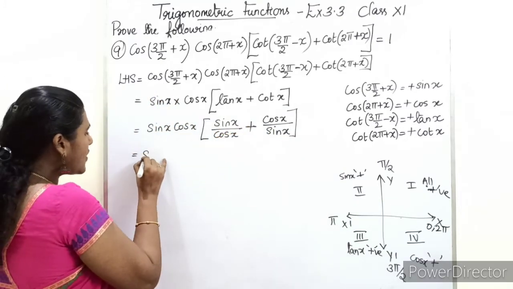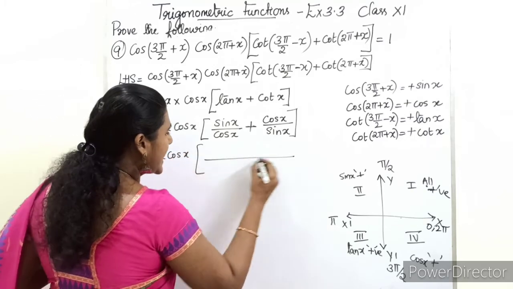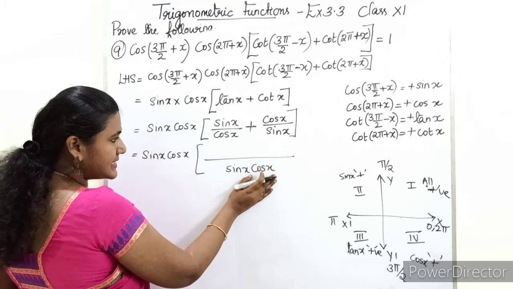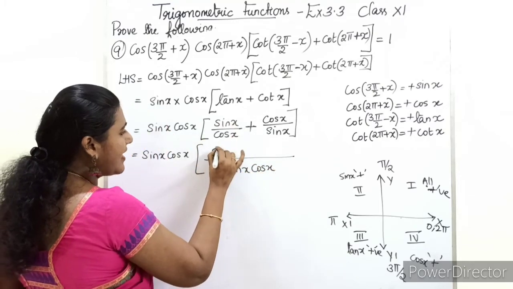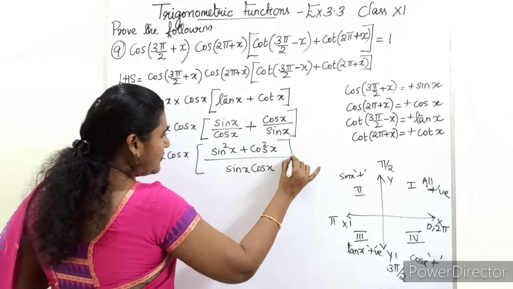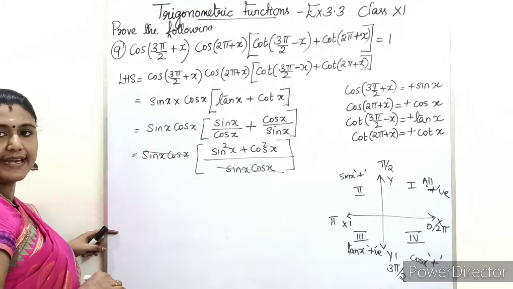So sin x cos x we will take as LCM. When you take sin x cos x as LCM, here you will have sin² x plus cos² x. Now you see here this sin x cos x and sin x cos x will get cancelled.